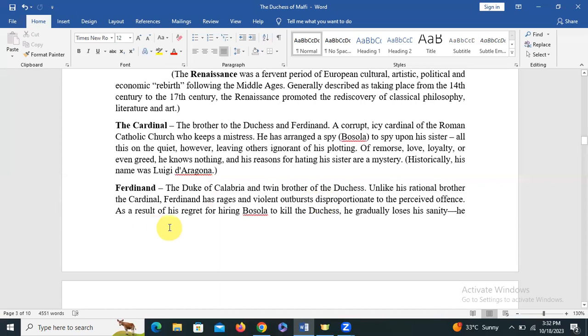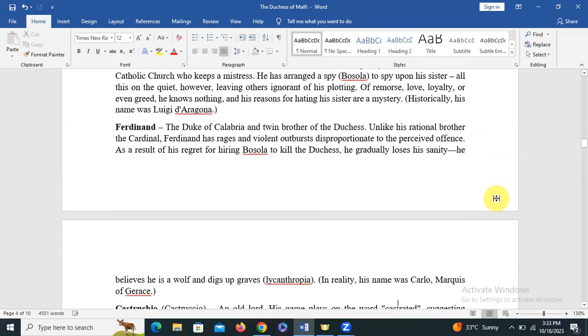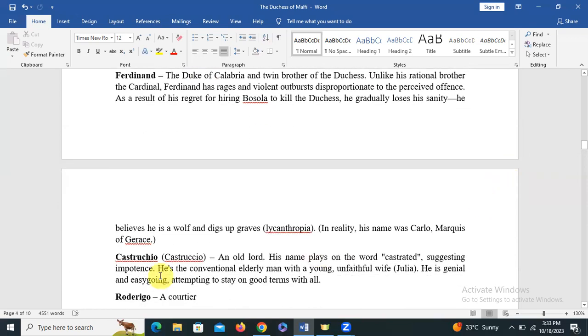As a result of his regret for hiring Bosola to kill the Duchess, he gradually loses his sanity. He believes he is a wolf and digs up graves, right? As I told you, he became mad after killing his sister.